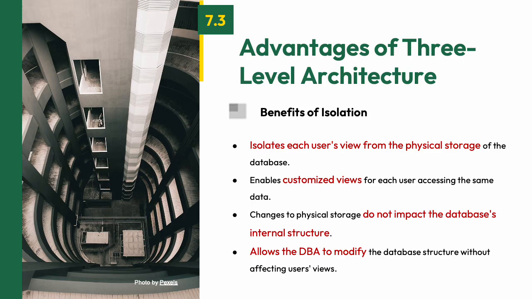And this allows for improvements and optimizations without disrupting the users. So in summary, the three-level architecture makes databases more flexible, easier to manage, and more user-friendly by separating user views from physical storage and allowing independent modification.